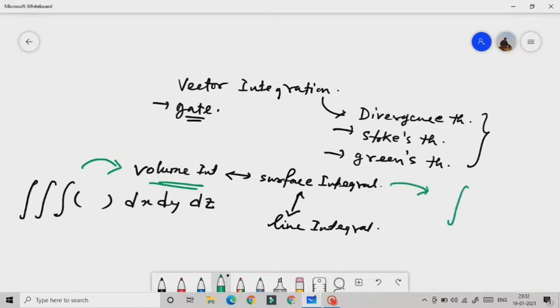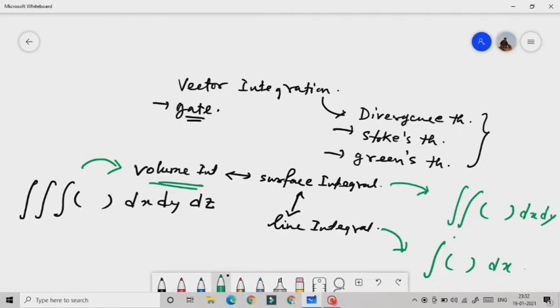When we talk about surface integral, over a surface you need to integrate dx dy, or it may be dy dz. And here you have the line integral, that means a single integral, so it is dx.